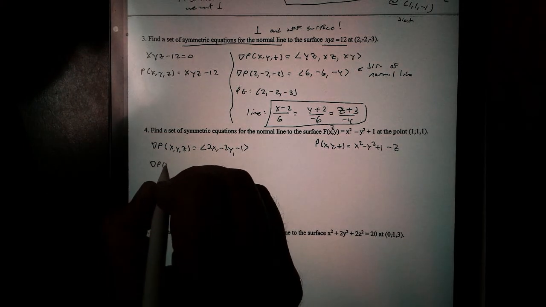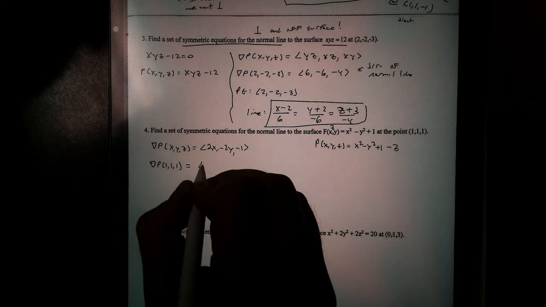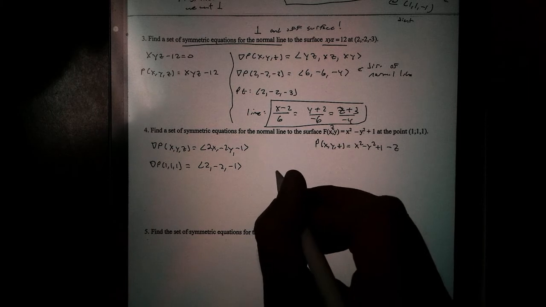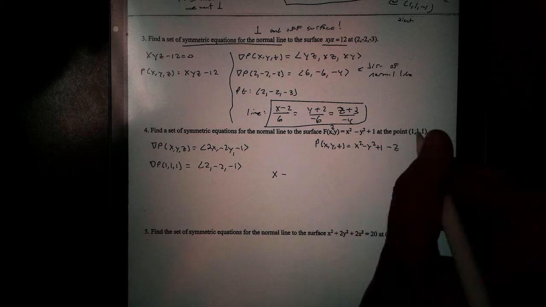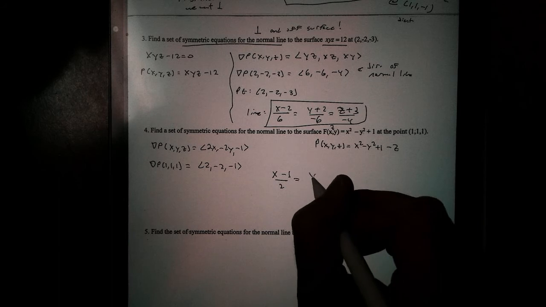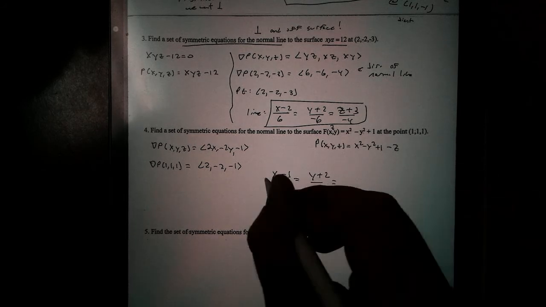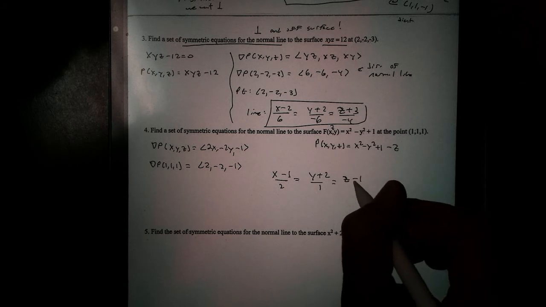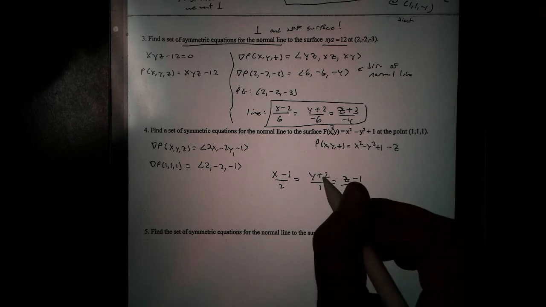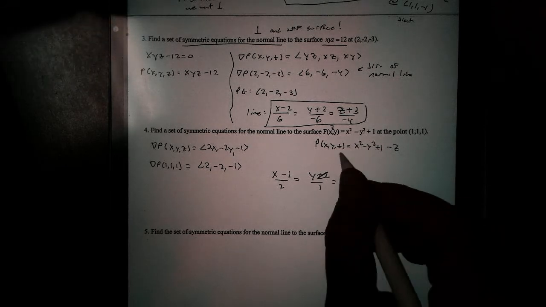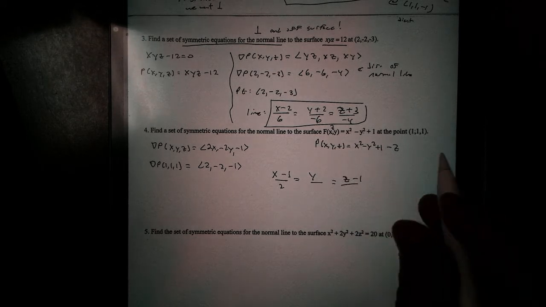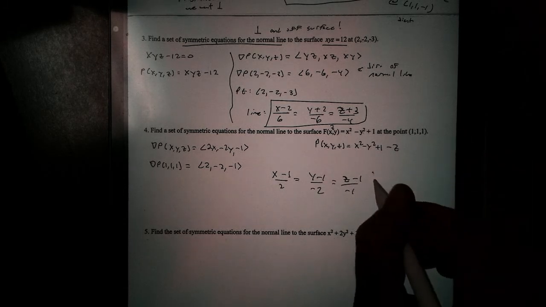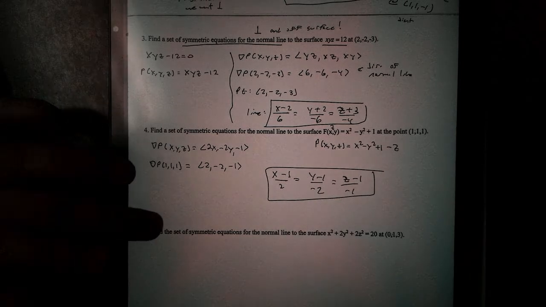At the point 1, 1, 1, that becomes 2, negative 2, negative 1. And then I can write my symmetric line, x minus 1 over 2 equal to y minus 1 over negative 2 equal to z minus 1 over negative 1. Whoops, I keep switching those around for some reason. There we go. Don't be like me and switch them around.